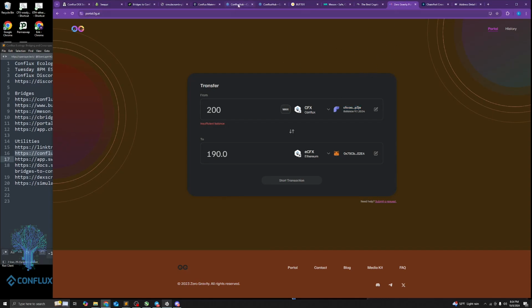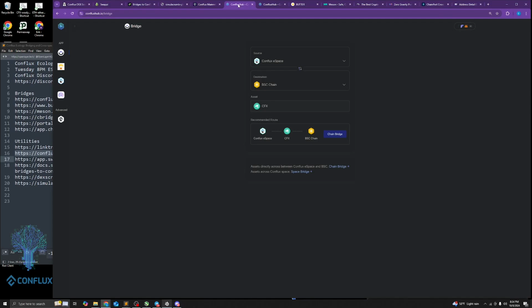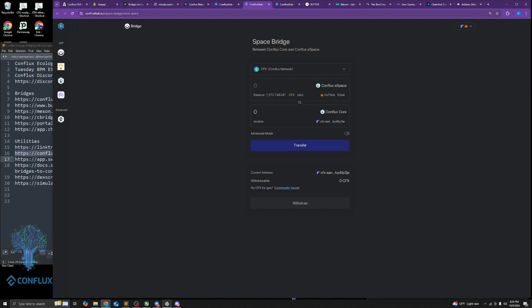Here's where I'm going to go back to the Conflux Hub. Now I want to take some of that CFX that's on eSpace in my MetaMask and send it over to Conflux Core. I put those options in, and I get Space Bridge. So again, we haven't left the Conflux Hub; this is just another utility within.